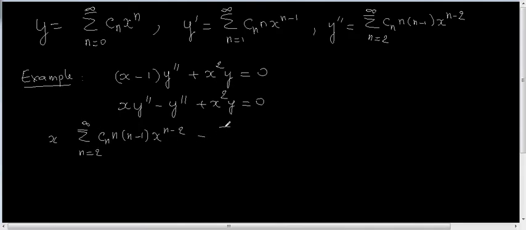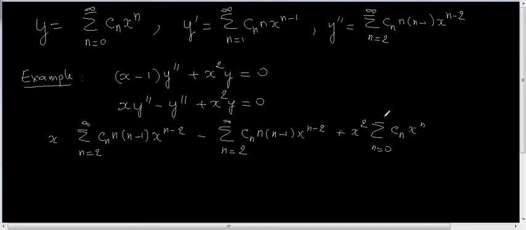Then minus the same thing, the sum of Cn n(n-1) x^(n-2) from 2 to infinity, plus x squared times the sum of Cn x^n from 0 to infinity.